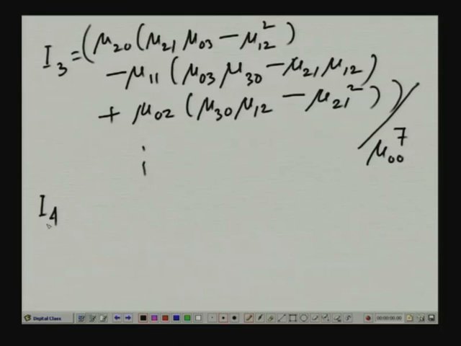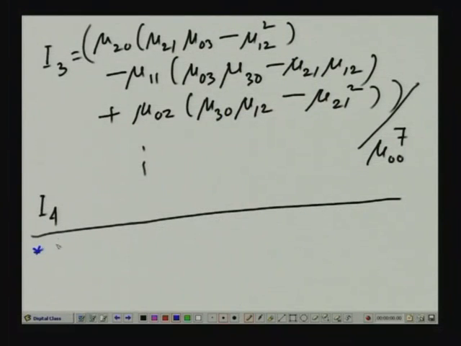We are not going into the details of how these moment invariants are derived, but if any of you is interested, the details can be obtained from this particular reference.